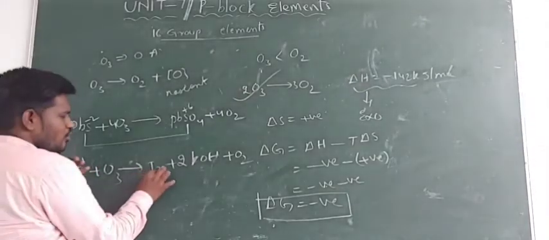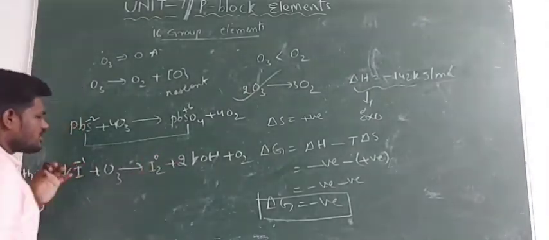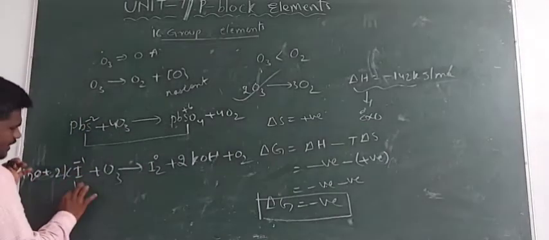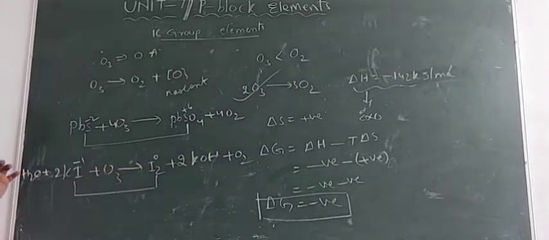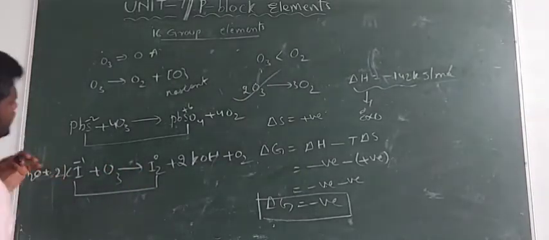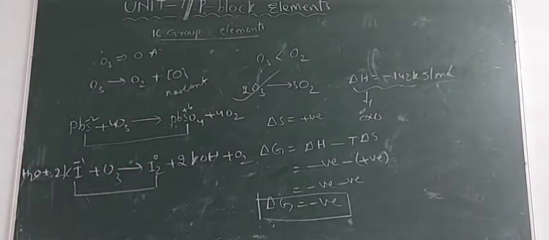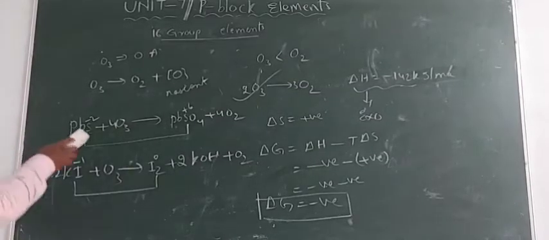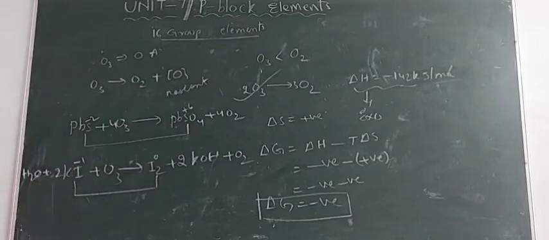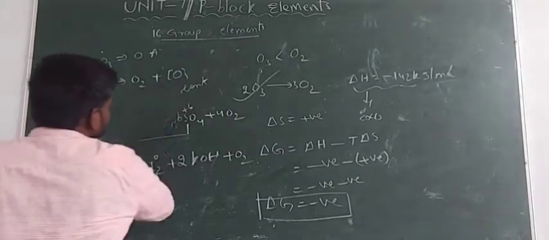In the elemental or molecular form, it has 0 oxidation state. So the oxidation state changes from -1 to 0. So this is an oxidation process. So here we can say that ozone acts as a strong oxidizing agent. It can oxidize substances like lead sulfide and potassium iodide.